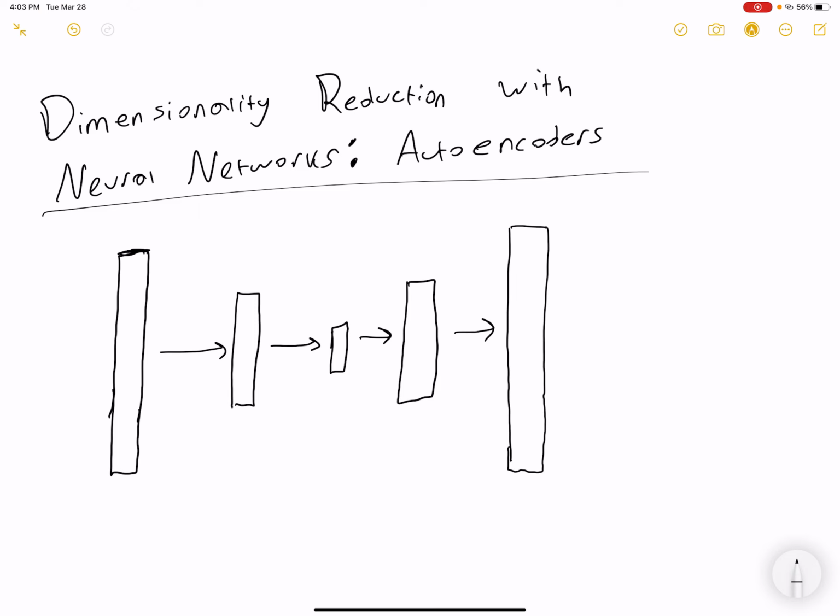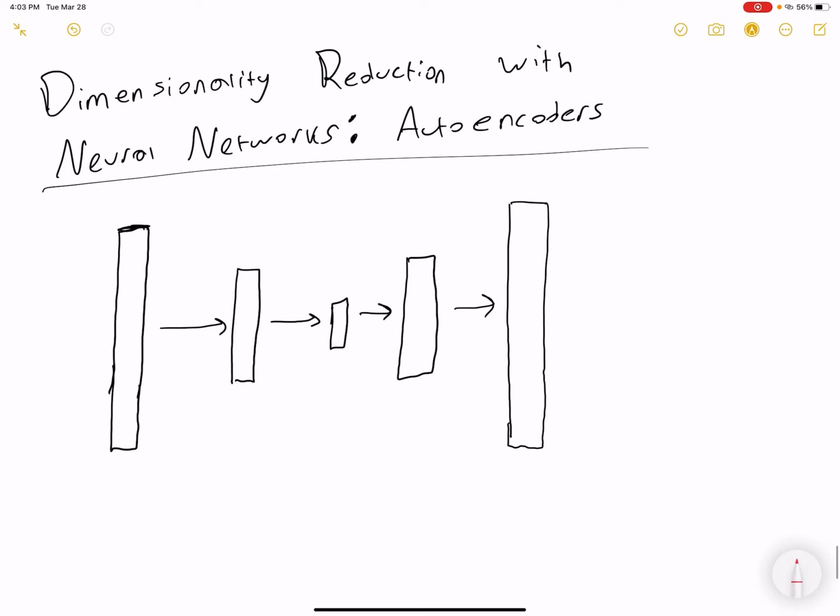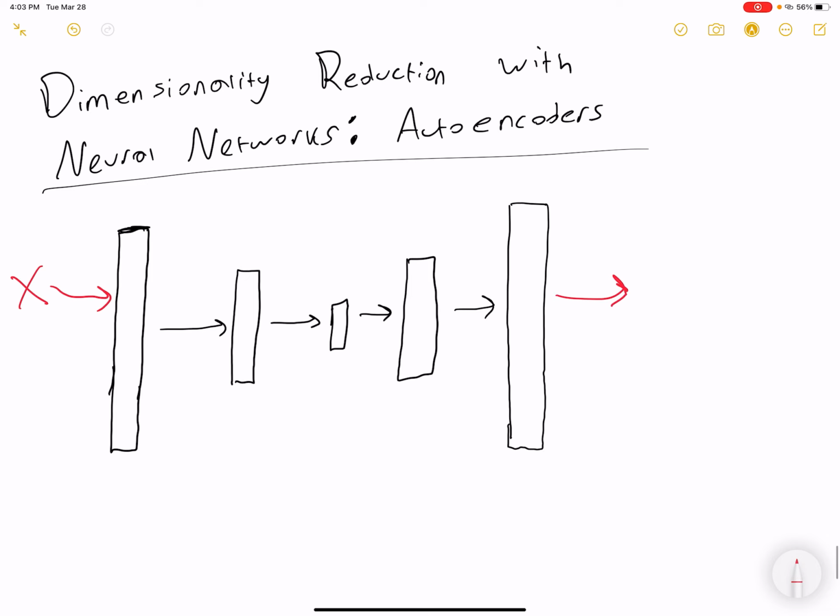The input to the model is the data, X, that goes into the model, and the output that the network is trained to predict is X.